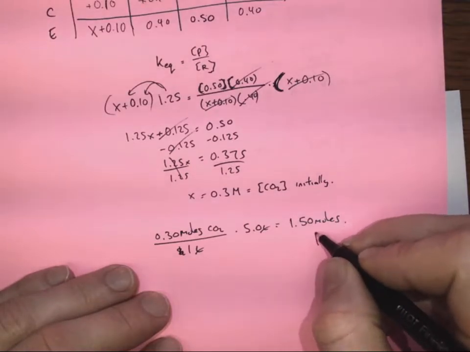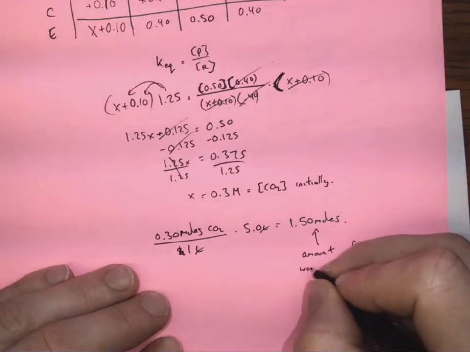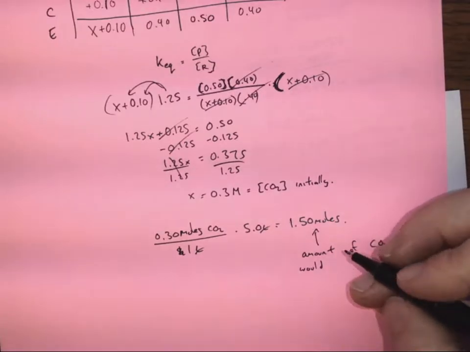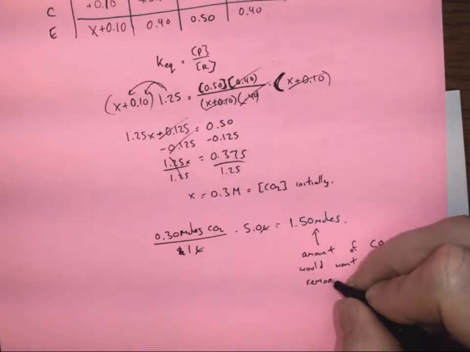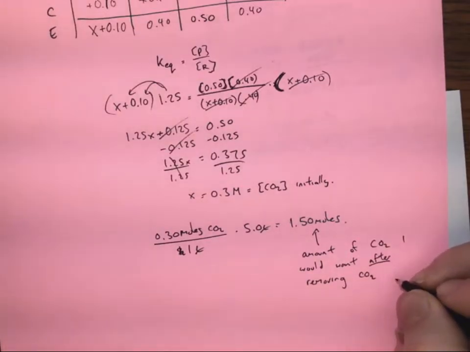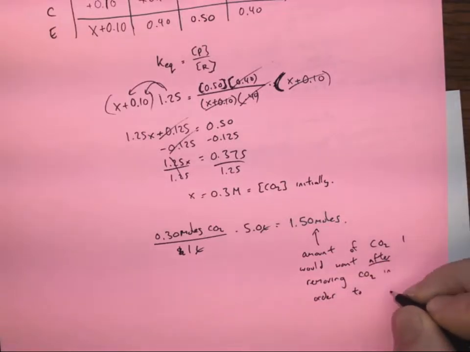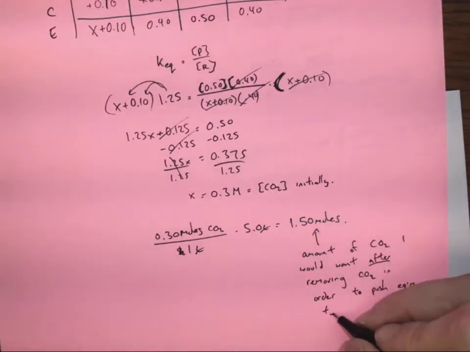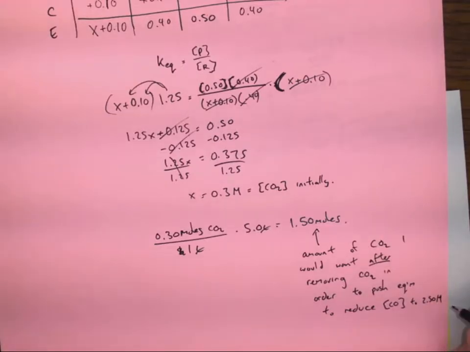So this is the amount of CO2 I would want after removing CO2 in order to push equilibrium to reduce the carbon monoxide concentration to 2.50 molar.